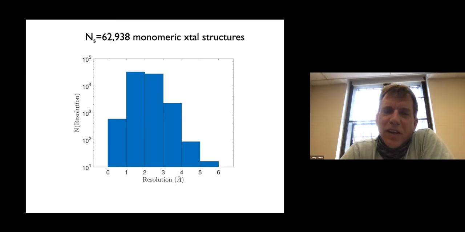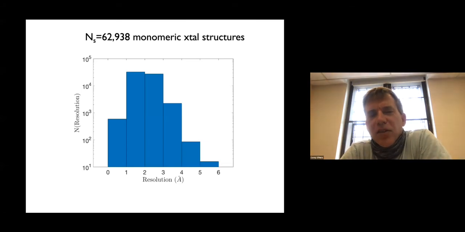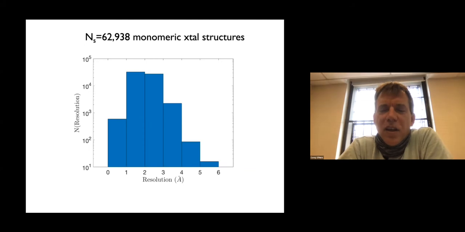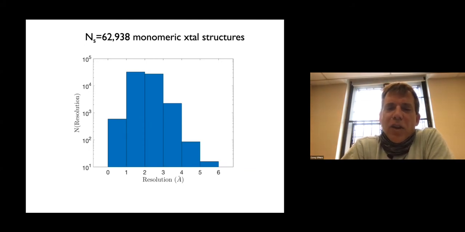First, the total number of structures is a few 100,000, because we're getting almost up to 10 to the 5 in each of these bins. And you see that we're getting lots of structures that are 2 angstroms and below. So there's lots of nice data to analyze.